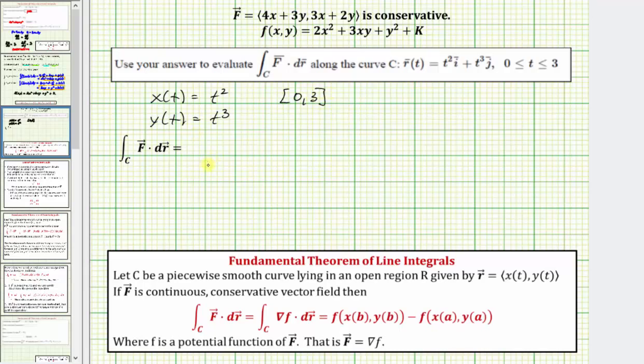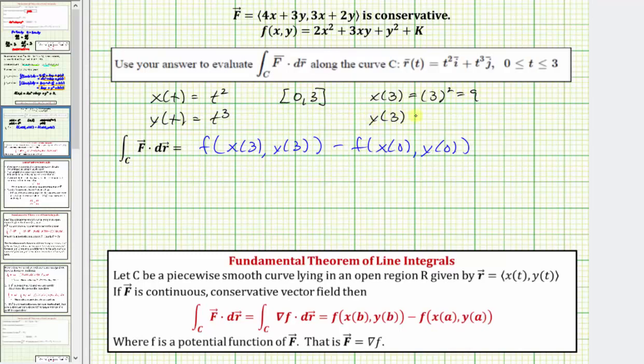And now using the fundamental theorem of line integrals, because we know the vector field F is conservative, this line integral is equal to little f, the potential function, of x of 3 comma y of 3 minus f of x of 0 comma y of 0. We'll notice how x of 3 is equal to 3 squared, which equals 9.